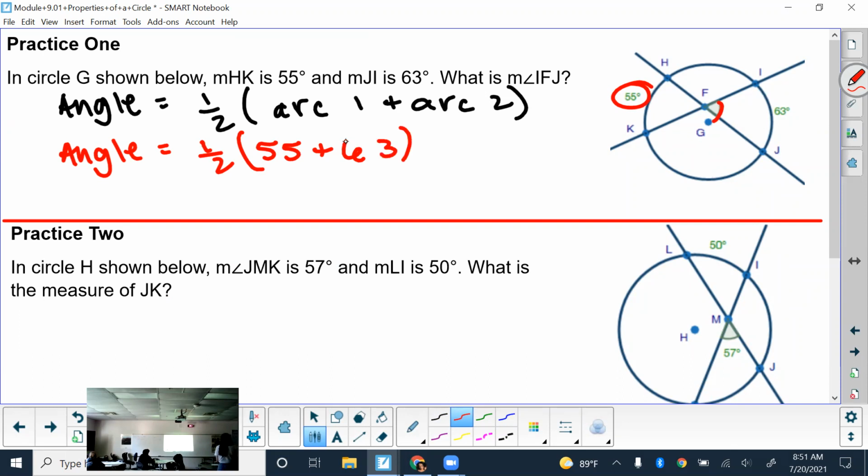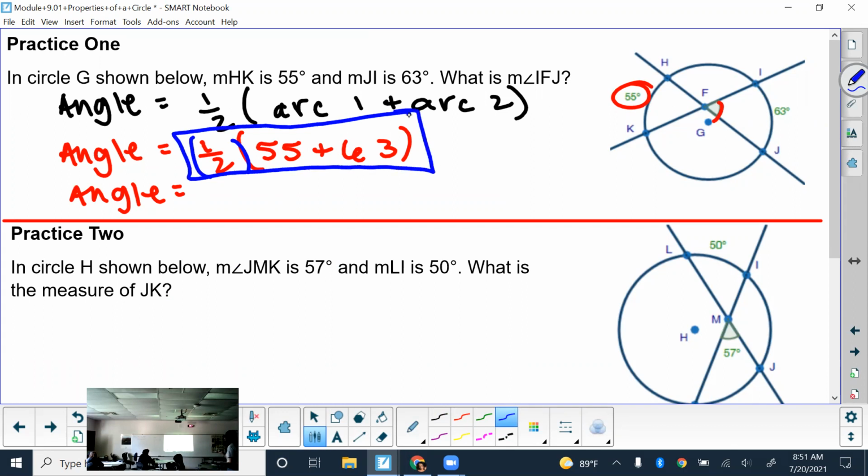Good. And order doesn't really matter there. FYI, since the angle word there is already isolated, you can just enter this whole thing in your calculator. What did you get when you put that in your calculator? I did not get 55. Let me double check.